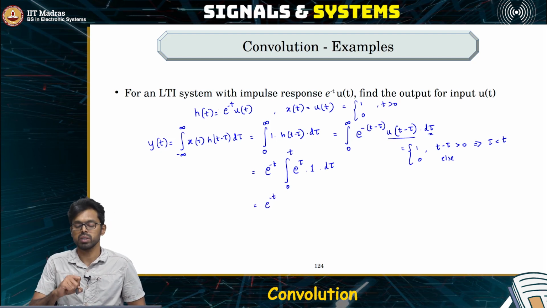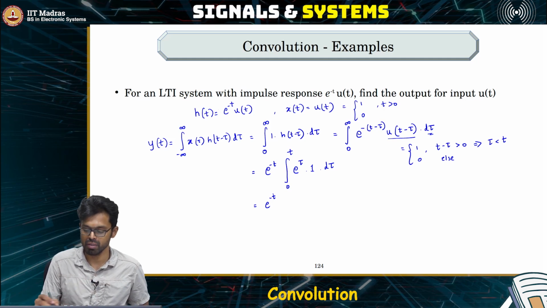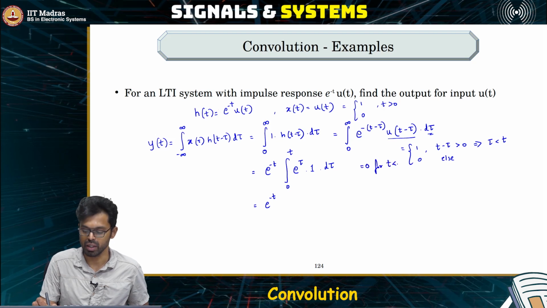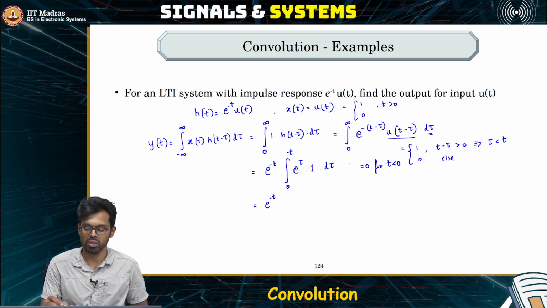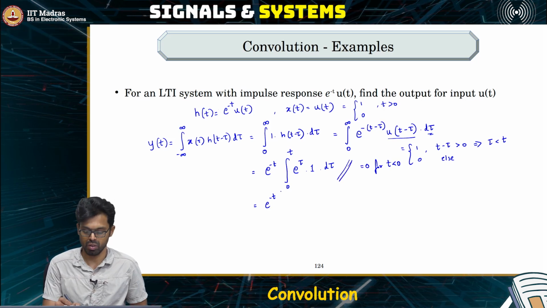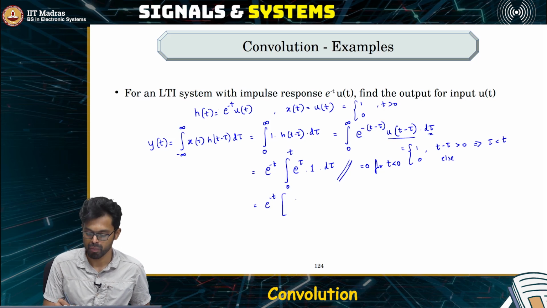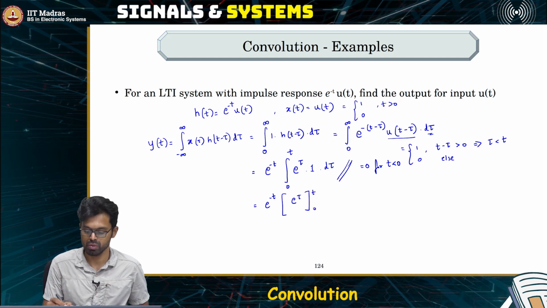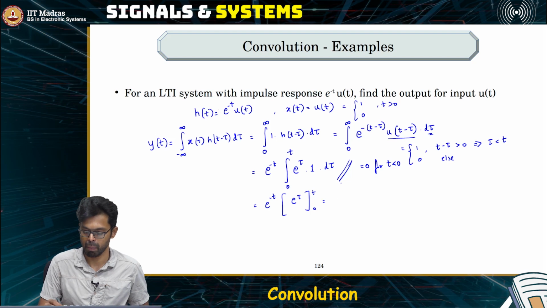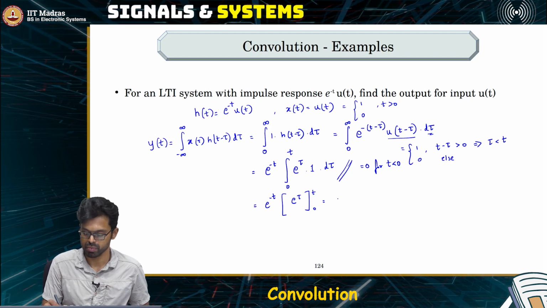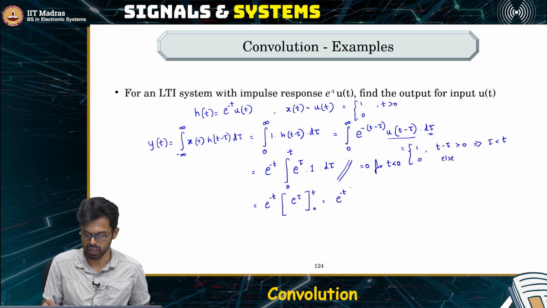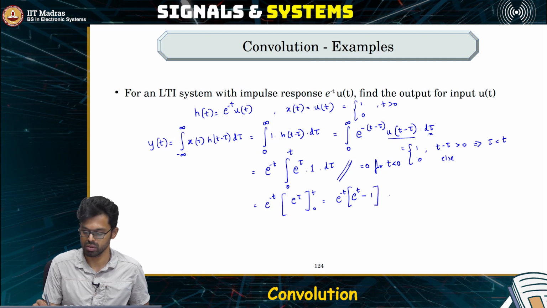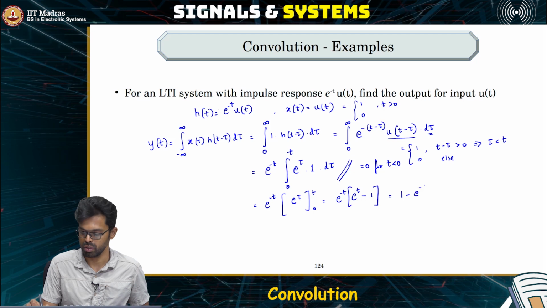So what happens if t is negative here? If t is negative, then this entire integral is 0 for t negative. Okay. Only for t positive we have this expression. Let's integrate this. We have for tau from 0 to t, negative e power minus t, e power t minus 1, which is 1 minus e power minus t.